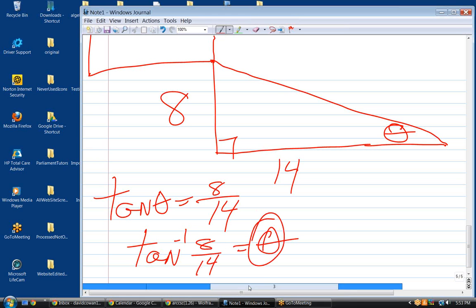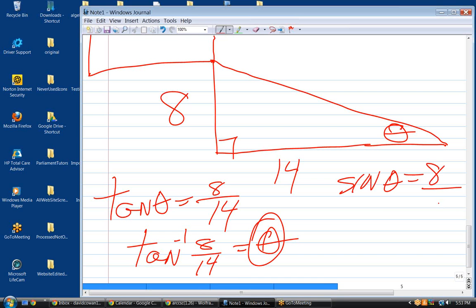Once I come up with theta, now I can say the sine of that angle is 8 over z, this being z, and I can solve for z because I'll know what theta is and that'll just be a number. So I can do it using trig functions. It's a little more laborious in this case, but still doable. But clearly the Pythagorean theorem is the quickest way to do it.